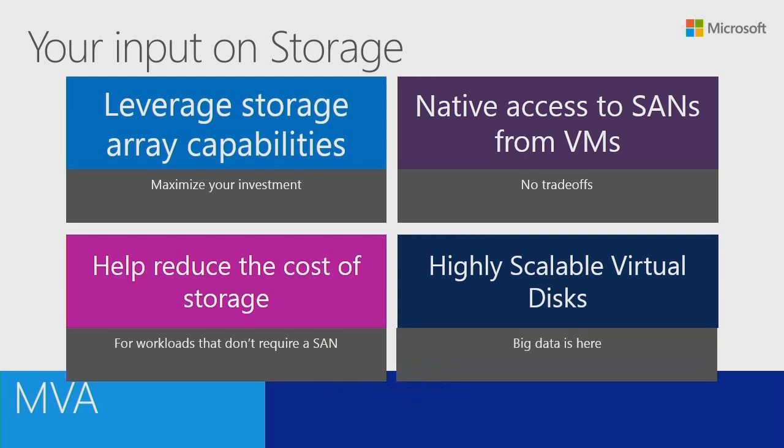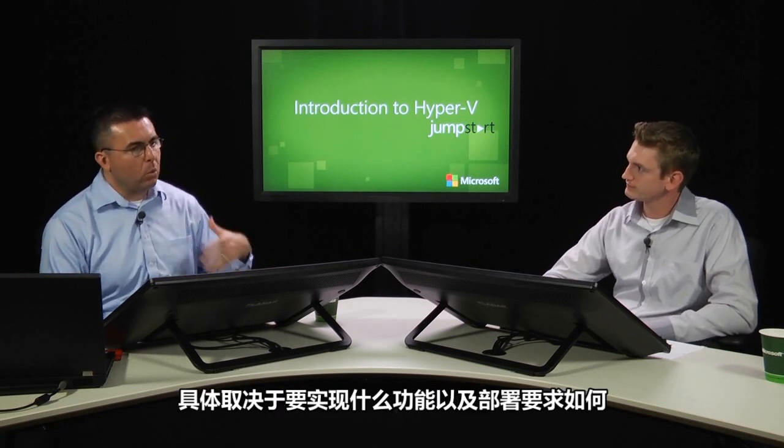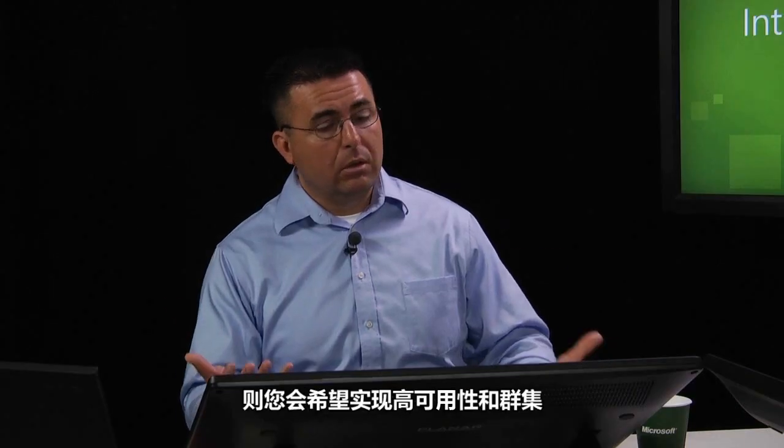Finally, big data. So quick question. Yes. Do we require a SAN for Hyper-V? Oh, great question. Absolutely not. We've never required a SAN. It depends on what the features are and what the requirements of the deployment are. For example, if you're going into a production environment, you're going to want high availability. You're going to want clustering.